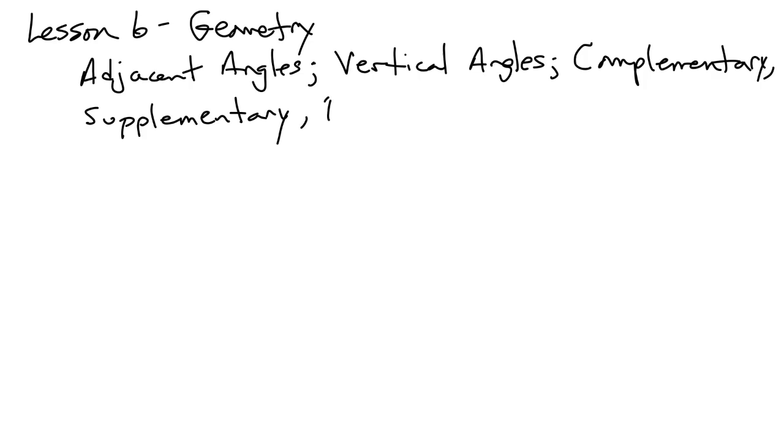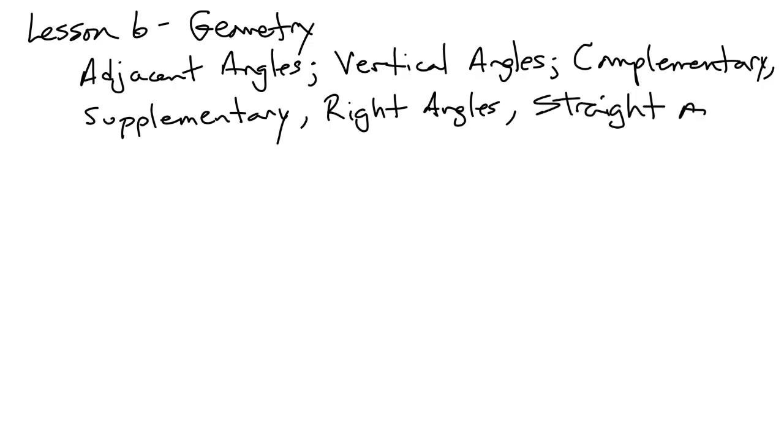We talked about right angles. Right angles being angles that measure exactly 90 degrees. We talked about straight angles. Straight angles being angles that measure 180 degrees. And then finally we did perimeter.